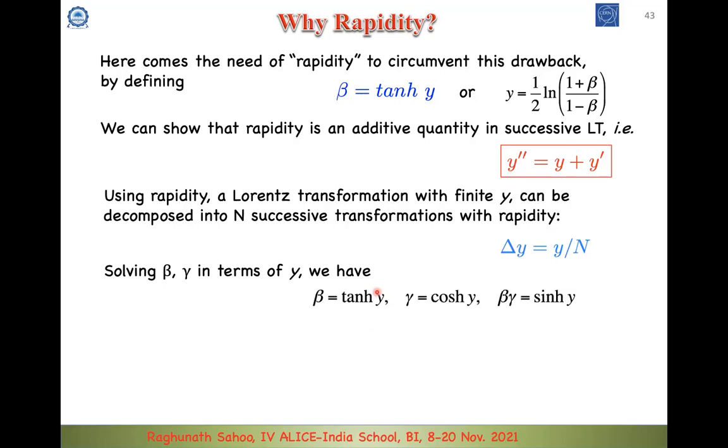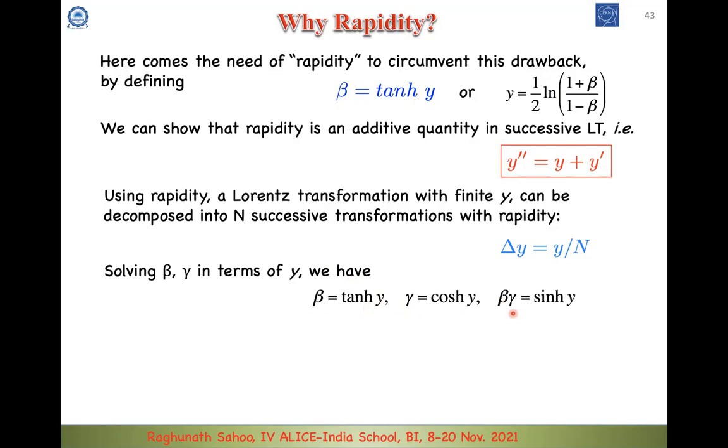So now solving for beta and gamma in terms of y. From this definition, beta is equal to tanh y. Then you use the properties of hyperbolic functions, and you can show that gamma is cosh y, and beta gamma is sinh y.